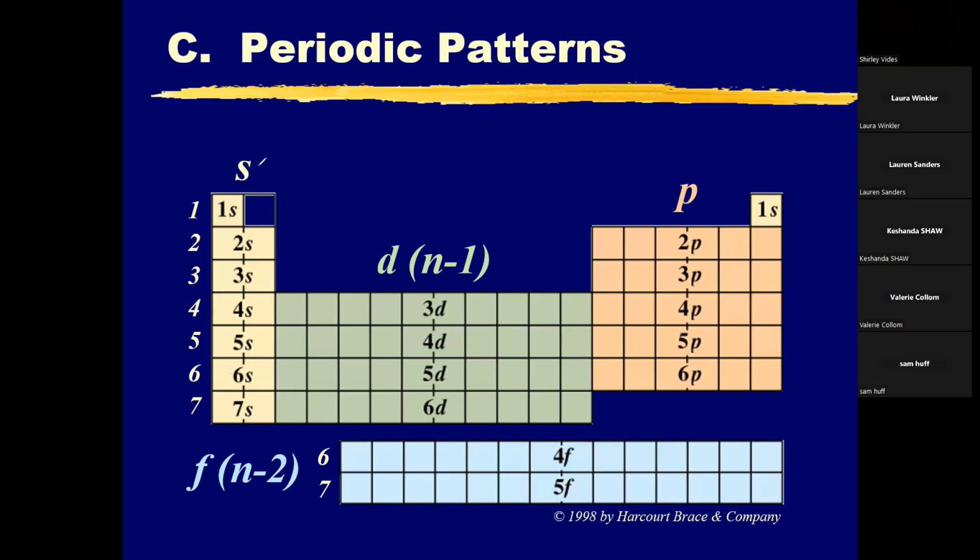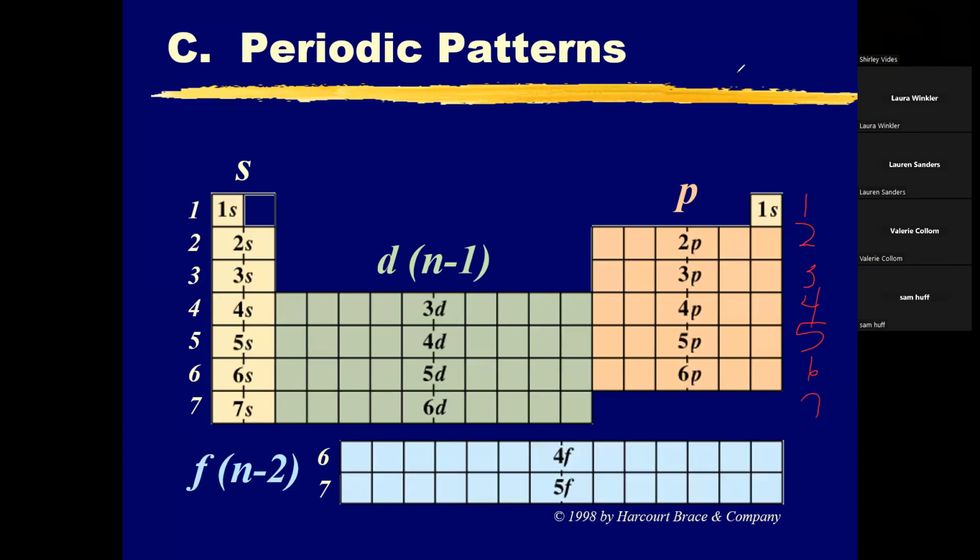So again, S is N, right? It never changes. If we're in 1, you notice the S's are 1, 2, 3, 4, 5, 6, 7. The P's also, but there's no 1p because, remember, the first level can only hold 2 electrons. Therefore, the P's are not included. But we still have levels 1 through 7, right?